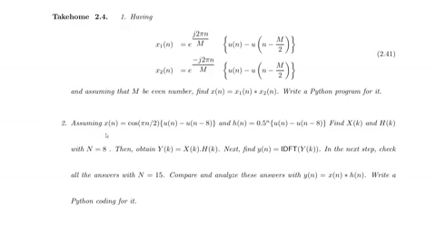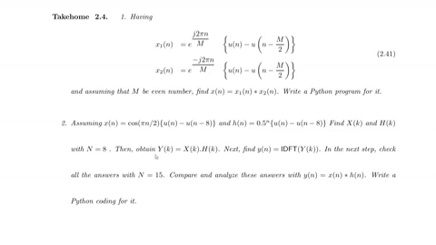The next question. Assuming x of n being equal to cosine of pi n over 2, again another pulse, you see here the duration, and h of n being equal to 0.5 to the power of n, again multiplied by a time window. Find x of k and h of k with N equals to 8.